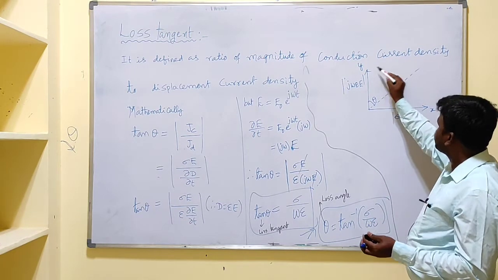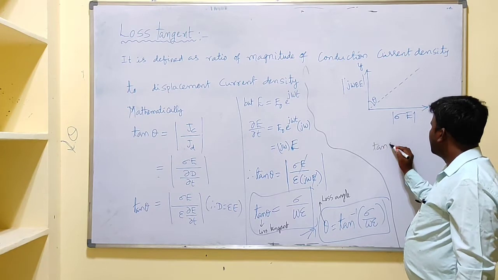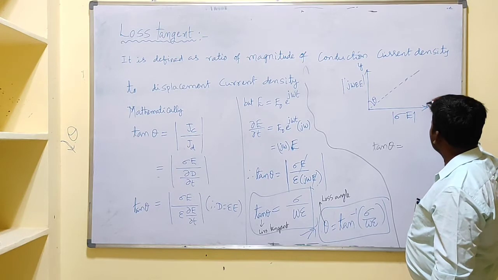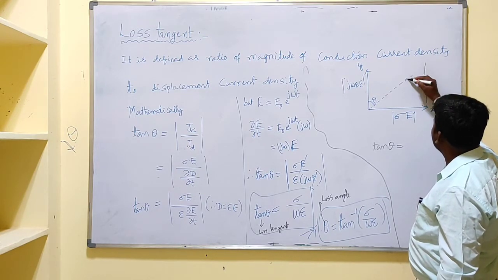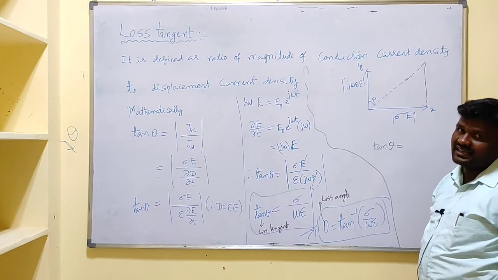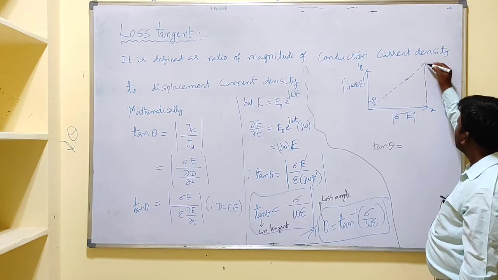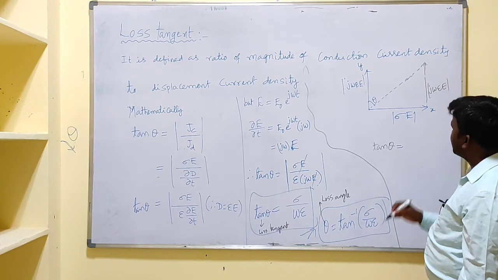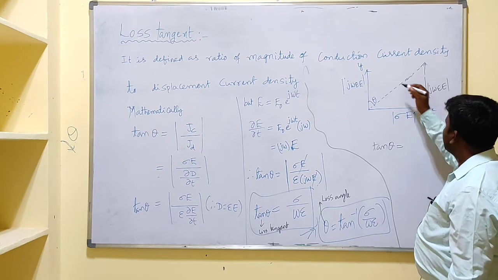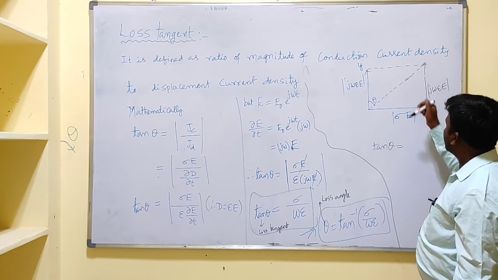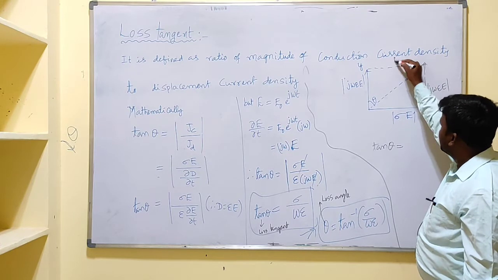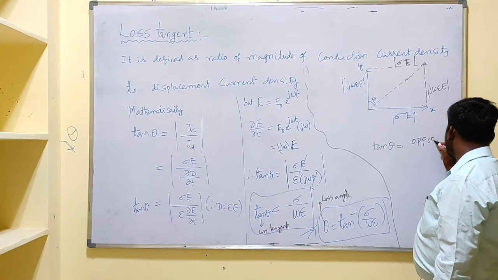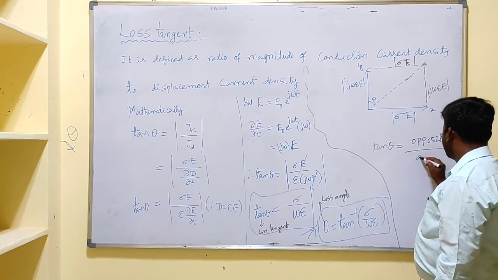Then what about tan theta? This is the resultant vector. These two, conduction current density and displacement current density, are vectors. So displacement current density is j omega epsilon E, and conduction current density is sigma E. Then tan theta is opposite side by adjacent side.